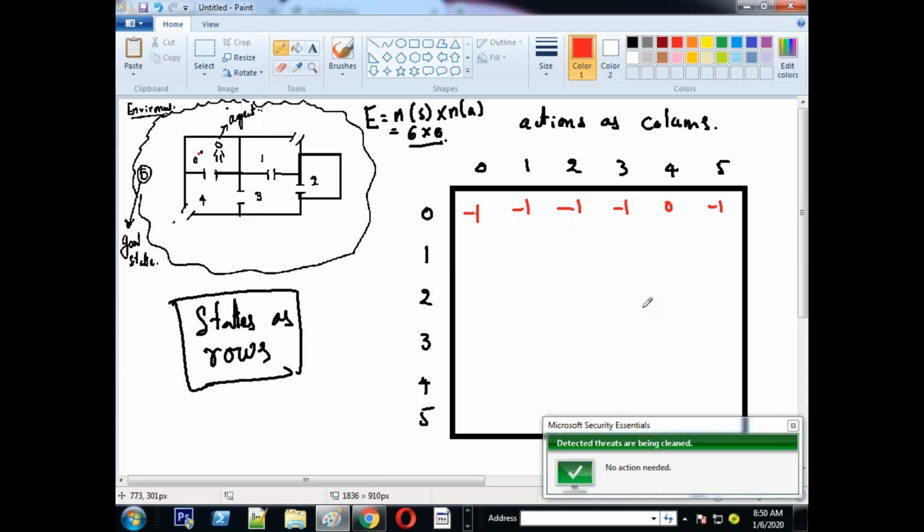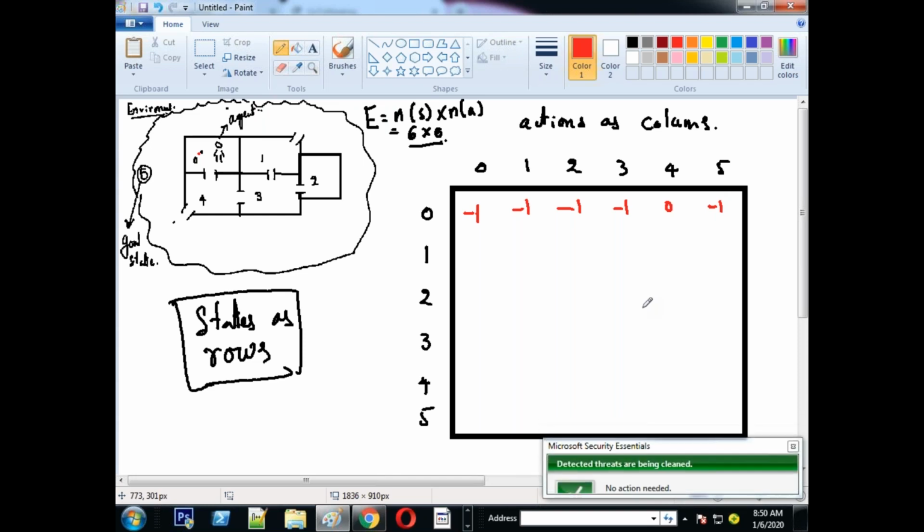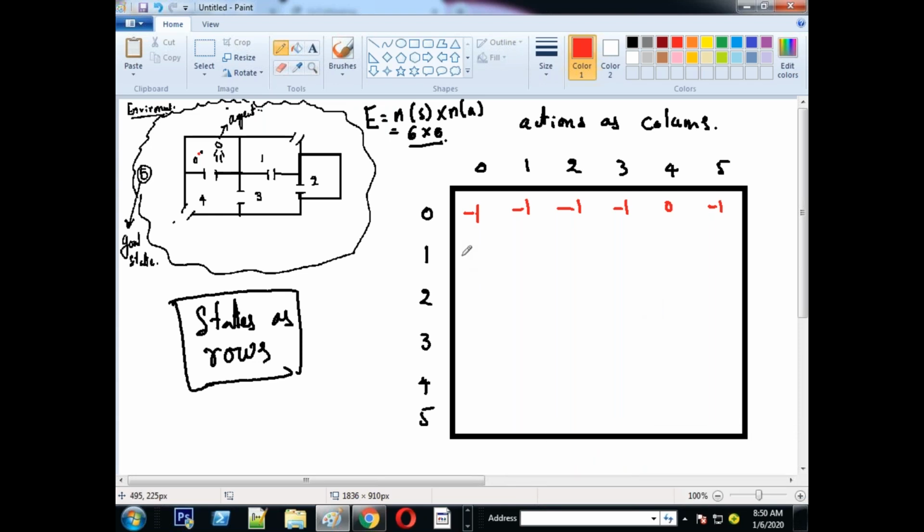In this style, I want you to tell me the rewards for state number 1. 1 to 0. 1 to 1. 1 to 2. 1 to 3. Vacancy is there but no result, so 0. 1 to 4. 1 to 5.